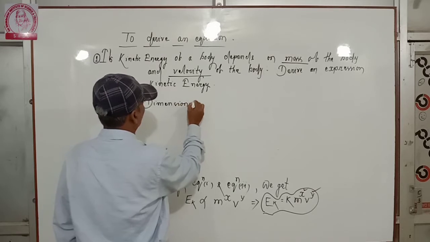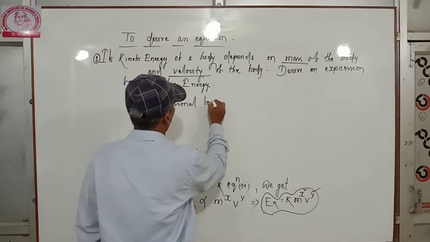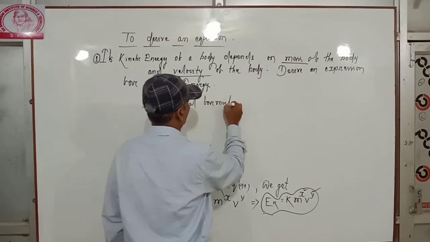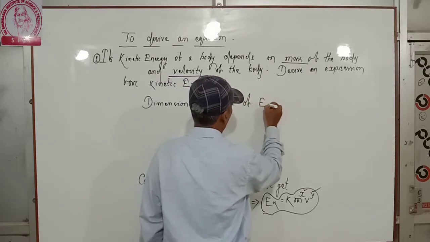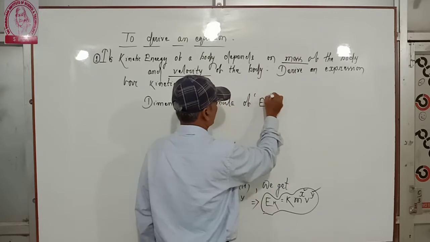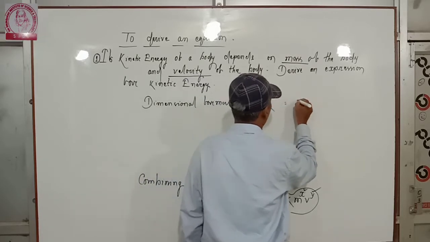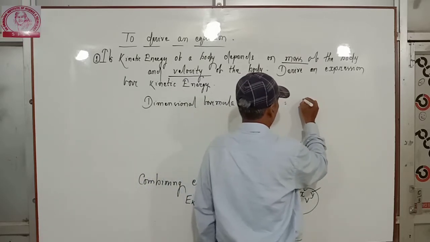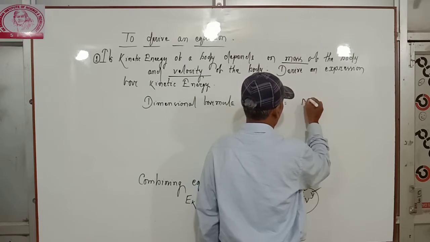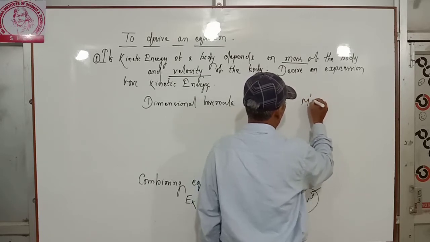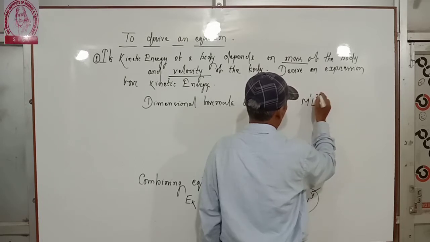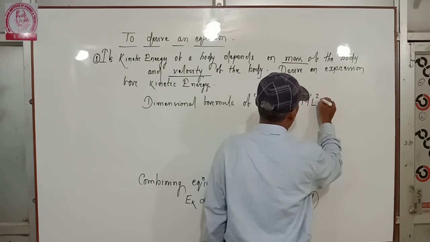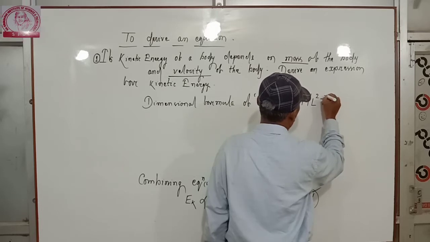Dimensional formula of Ek is equal to M to the power 1 L to the power 2 T to the power minus 2.